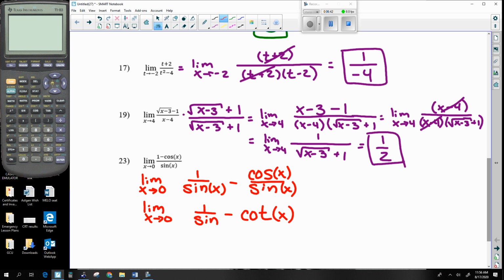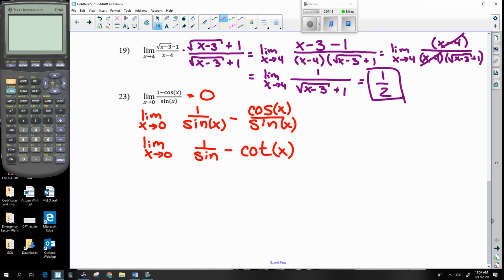The book has it as equal to 0. Yeah, I'll get back to you on that one. I'm not exactly sure what the deal is with that one. I'll come back to this one. I'll put it in the comments or something.